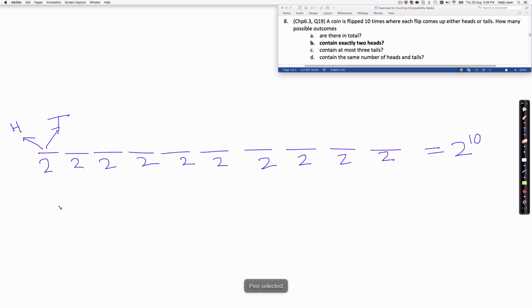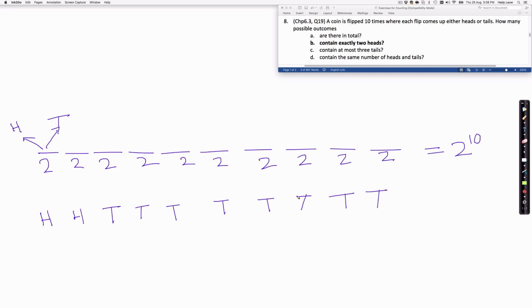One possible outcome is that it comes up heads twice, followed by tails eight times. So then we have 10 coin flips, and it comes up in this way. Out of these 10, there are going to be 2 of them that are heads. But which 2 of them? That's going to tell us the number of possible outcomes.